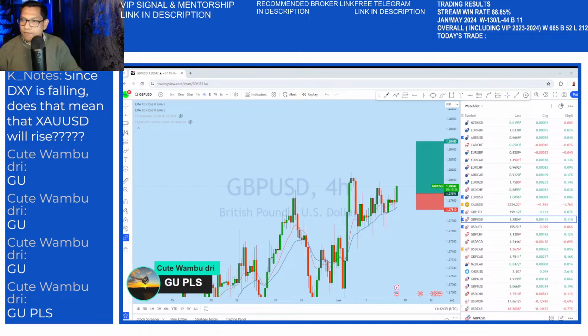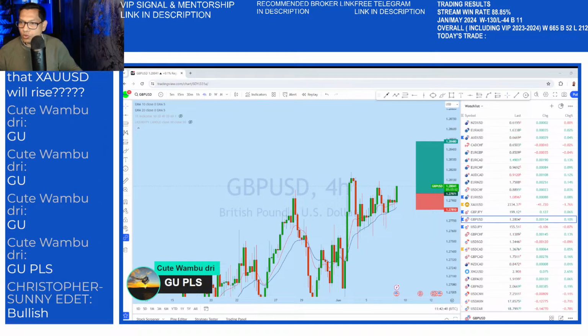Anyone here to answer? Bullish, welcome. Yeah, I know that you guys can do it and you did it. So GBP USD market structure is bullish.